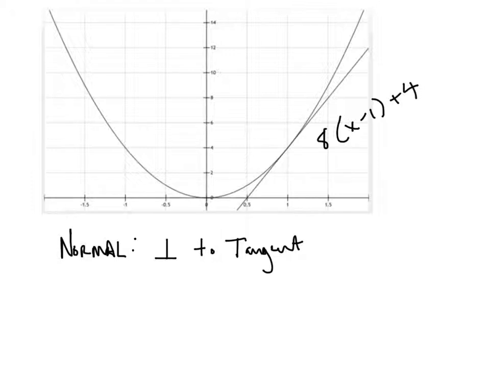So our normal line would be negative 1/8 times x minus 1 plus 4, because we just need the opposite reciprocal slope. And that, if we graphed it, would hit the same point, but it would be perpendicular, something like that. Now, that is extremely useful when it comes to some physics applications.